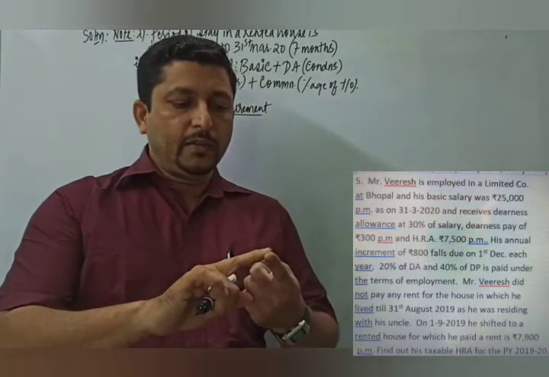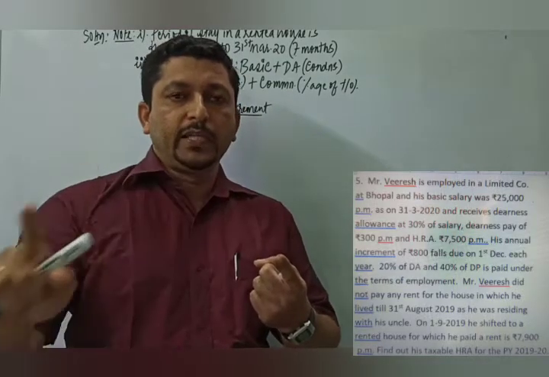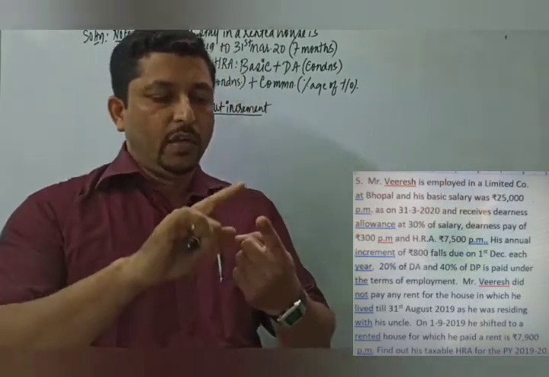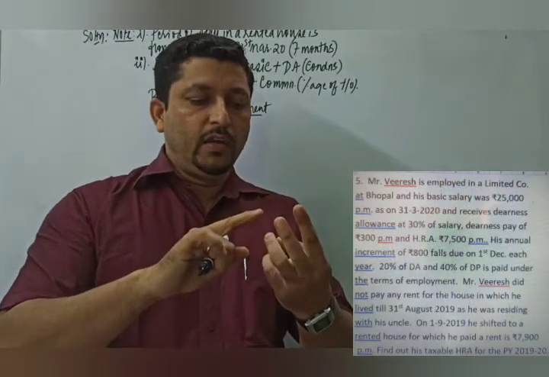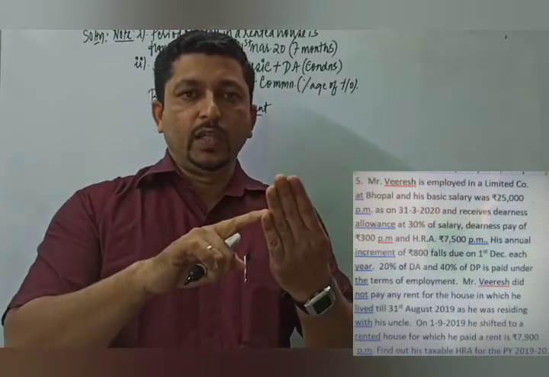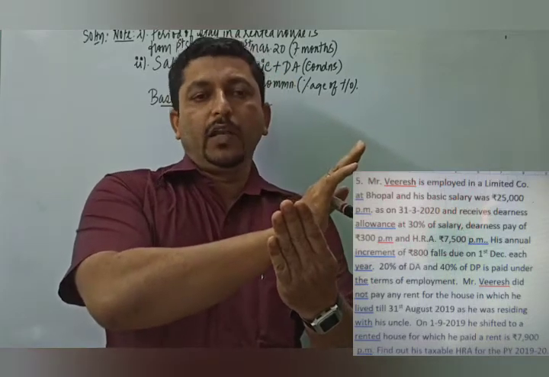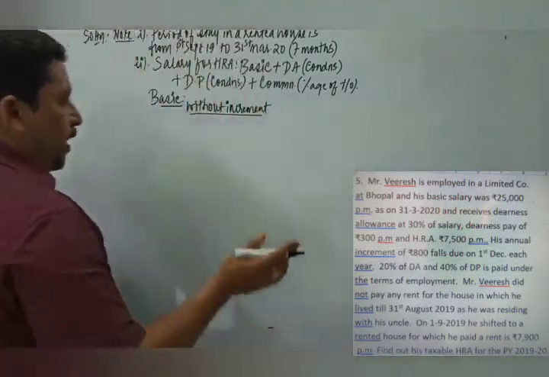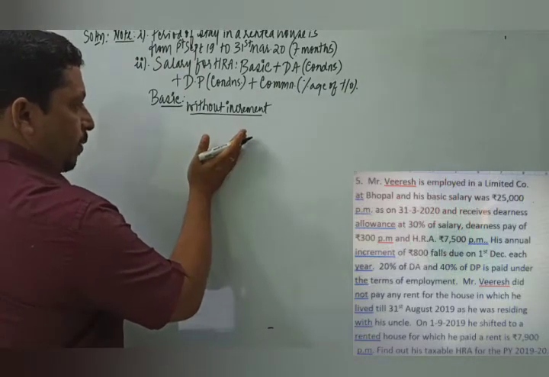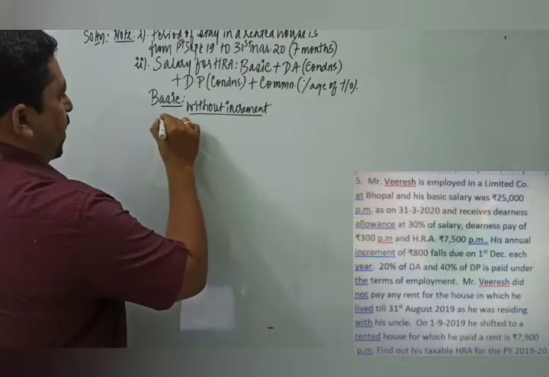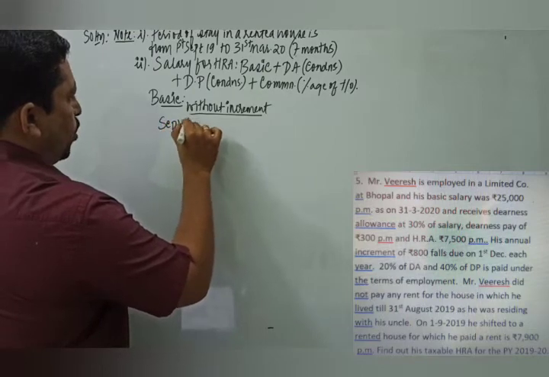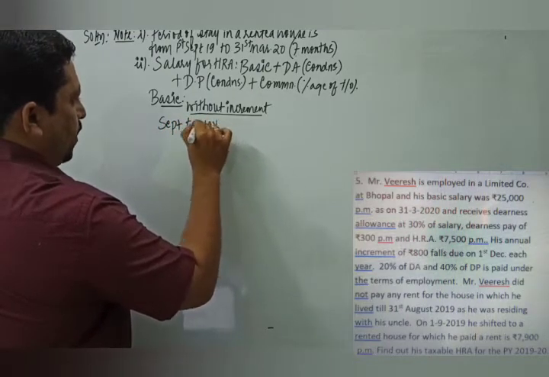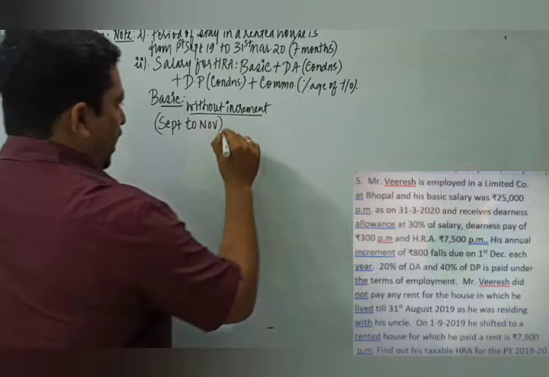December month he receives increment of 800 and his basic salary given is 25,000. So December, January, February, March, 4 months is with increment, and the earlier 3 months is without increment of rupees 800. When I say earlier 3 months, we take September, October and November.